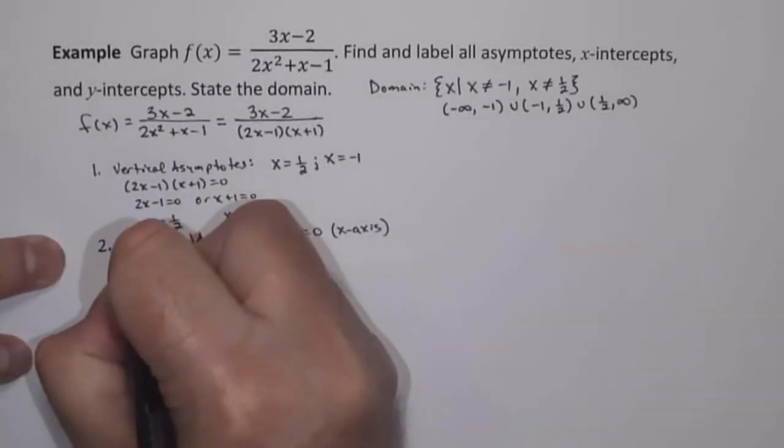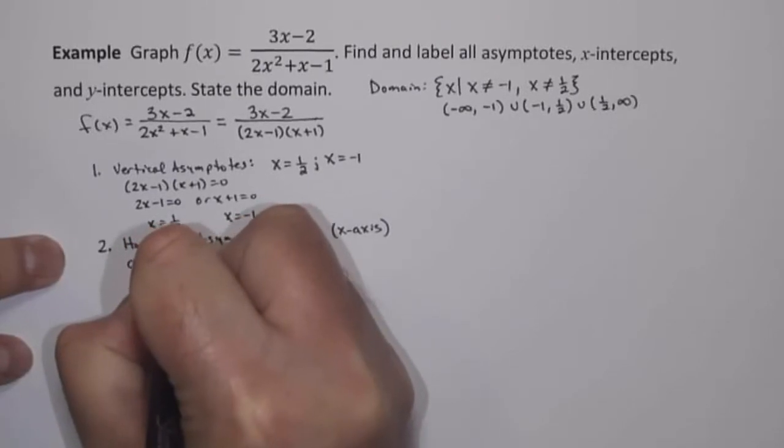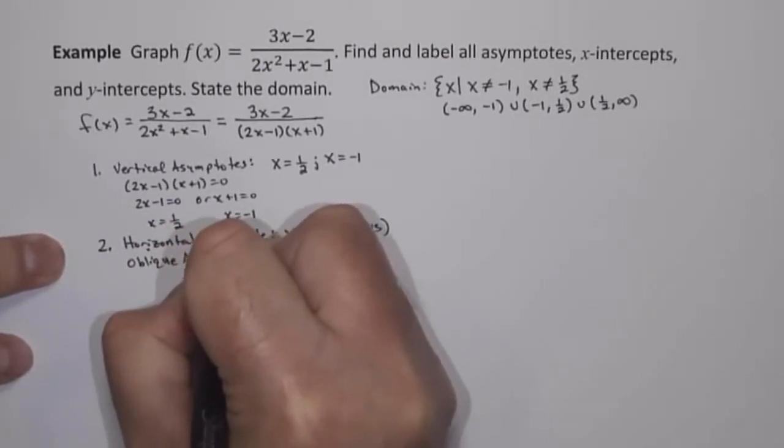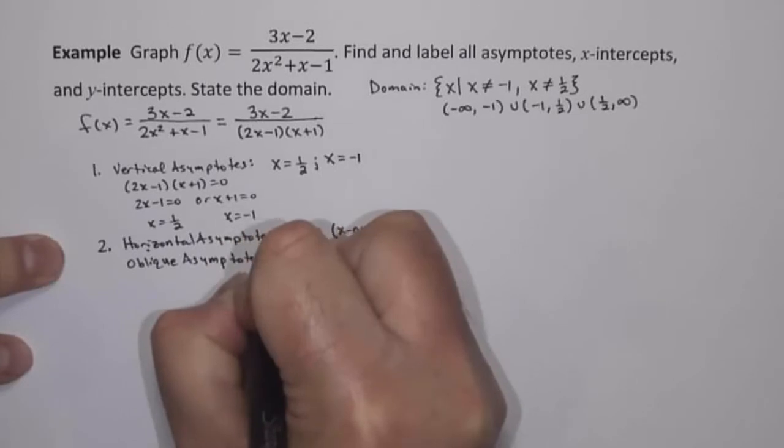There will not be an oblique asymptote, so oblique asymptote, there's none.